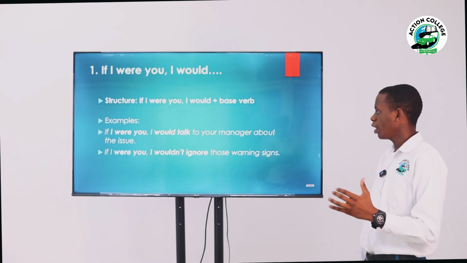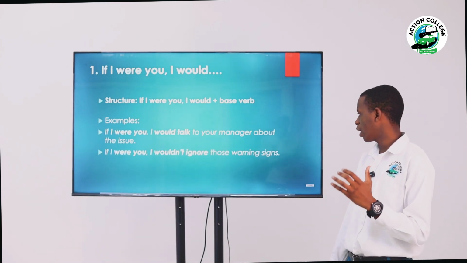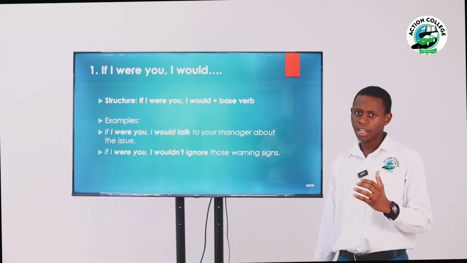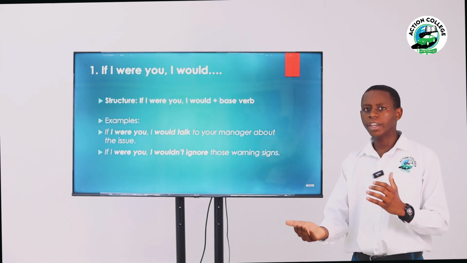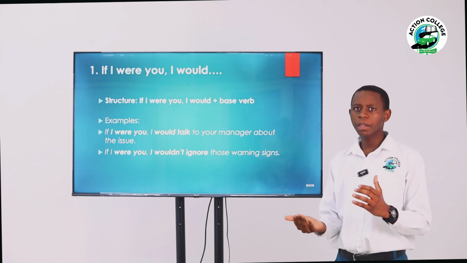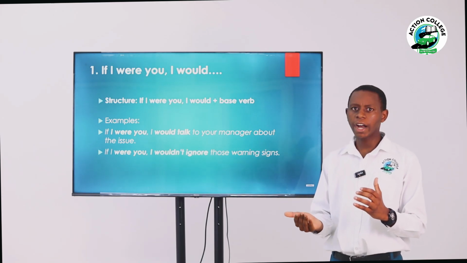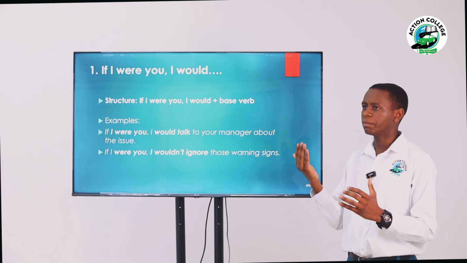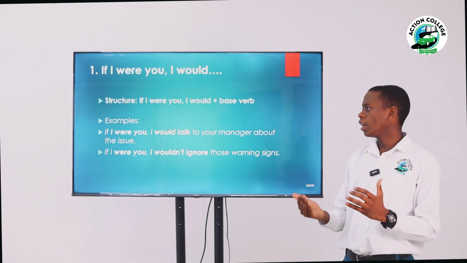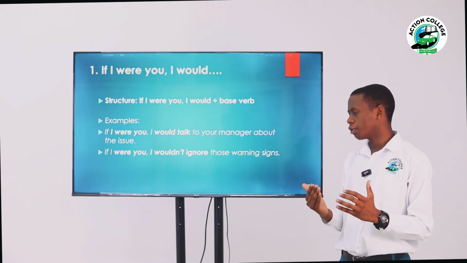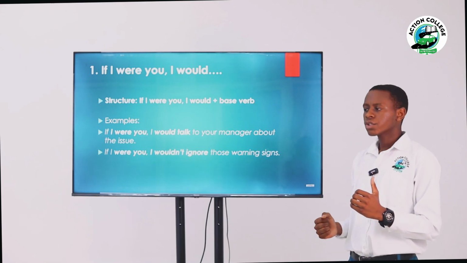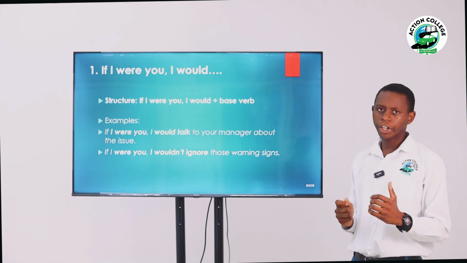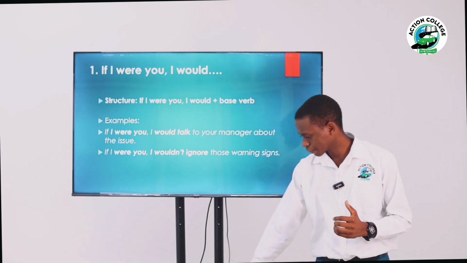The second example, if I were you, I wouldn't ignore those warning signs. There is a time you need to give advice to your friend. Maybe he is rejecting some advice, some important words from some people, but you can say that if I were you, I wouldn't ignore those warning signs. So from today, you're going to use this phrase, that is the first.